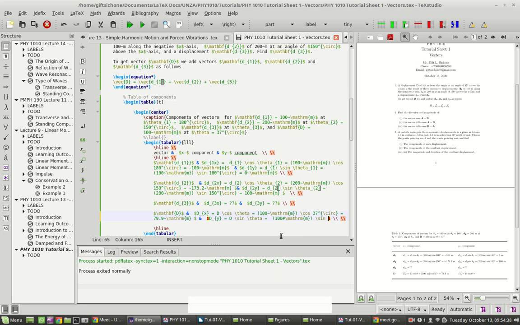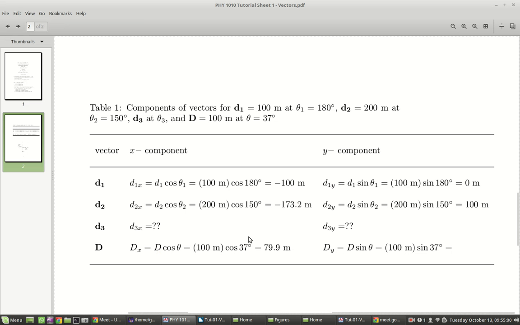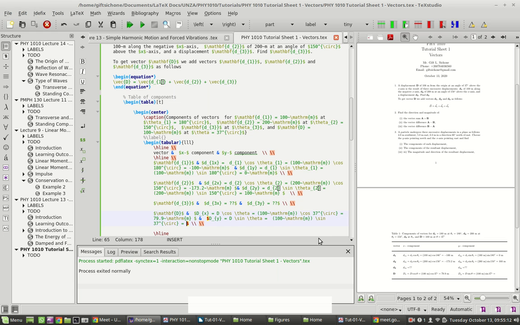Then how much is the angle? 37 degrees. So how much is that? 100 meters times sine 37 degrees. 60.188, so that's 60.2 then.